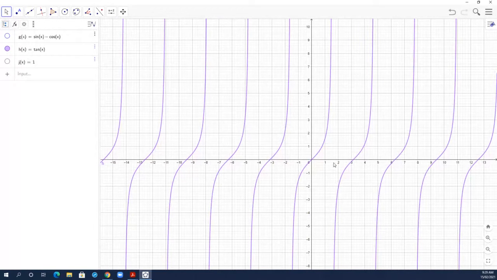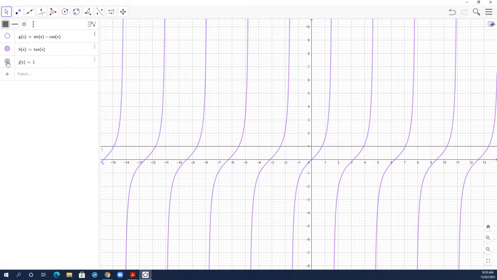Okay, so here's tan x. You can see that it is a periodic function, right? It repeats, so it copies and repeats, and it's not defined at pi on 2 and negative pi on 2 and multiples of that.